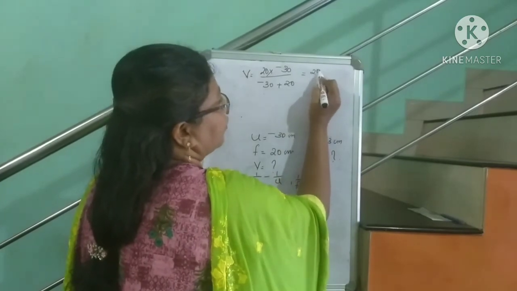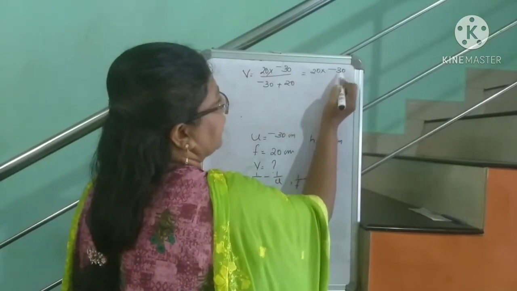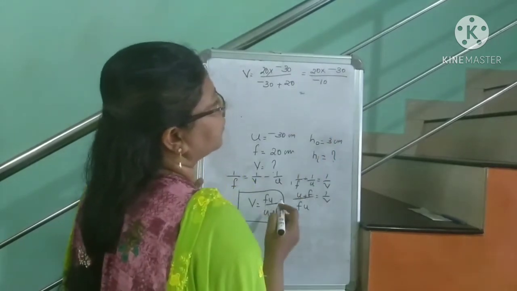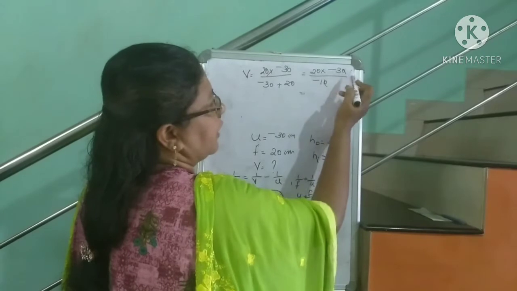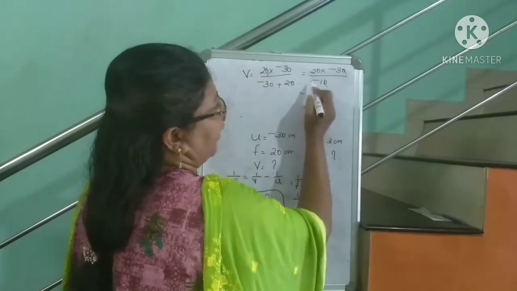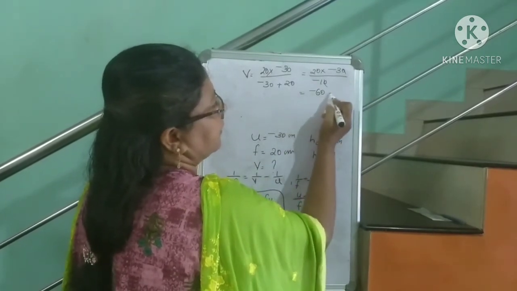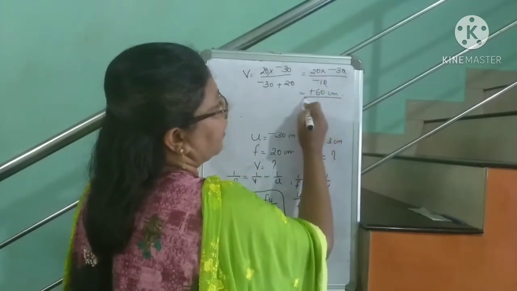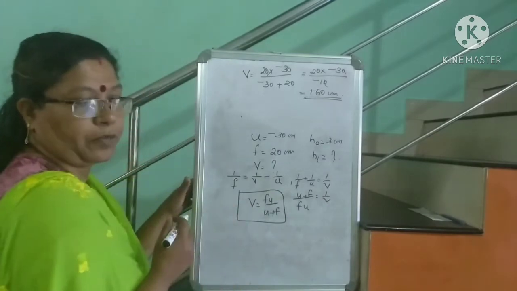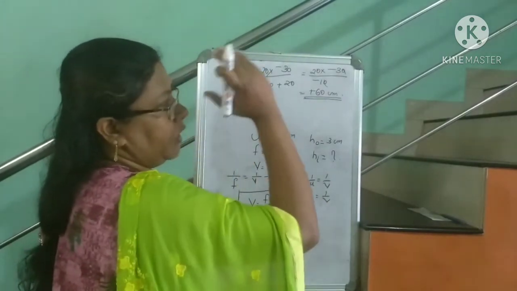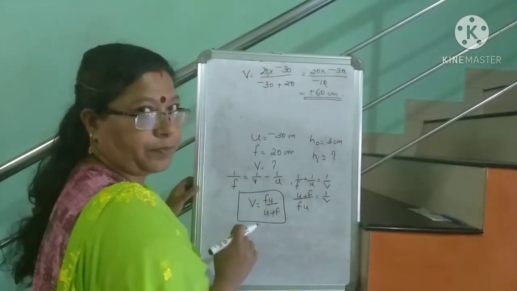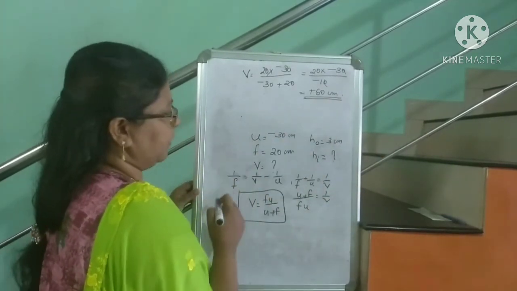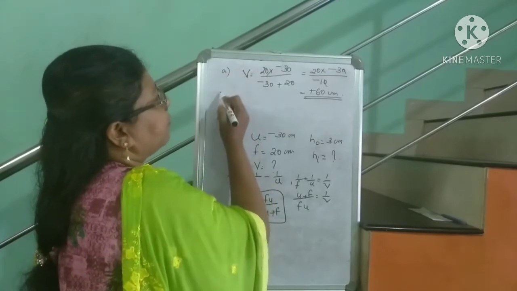So 20 into minus 30 by minus 10. 0, 0 cancel. Then minus 20 into minus 3 will be 60; minus and minus becomes plus 60 centimeter. So the image is obtained on the other side of the lens. Other side of the lens means it is a real image. So this is the A part.